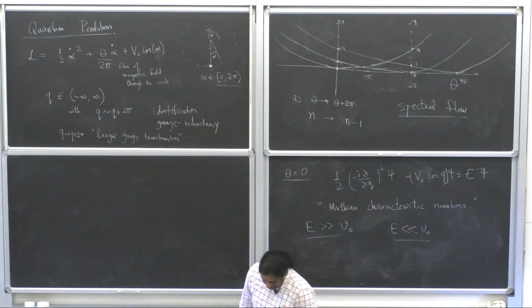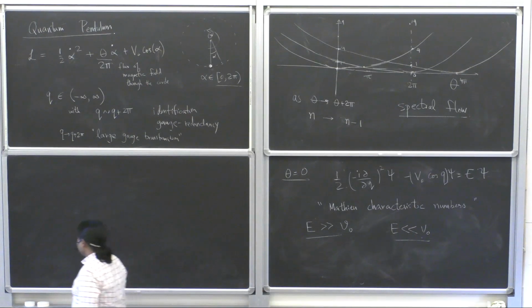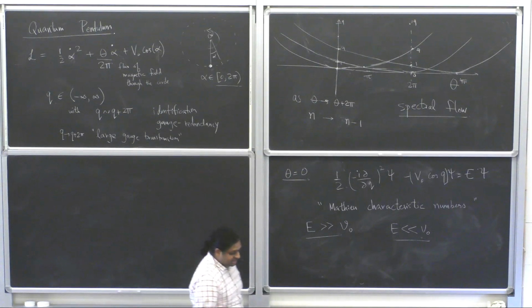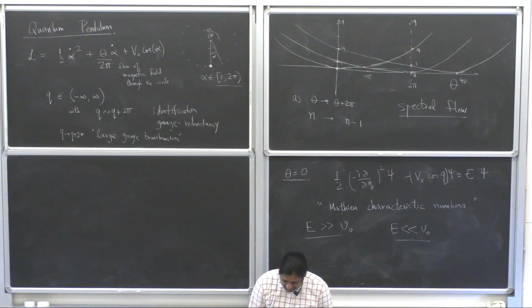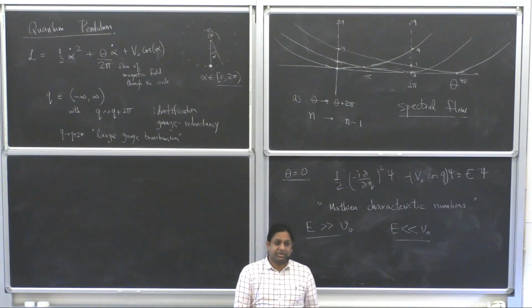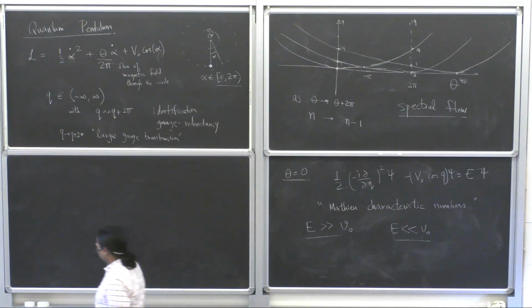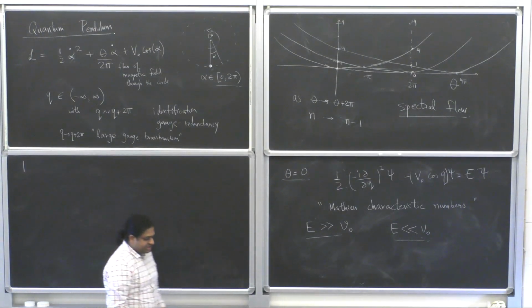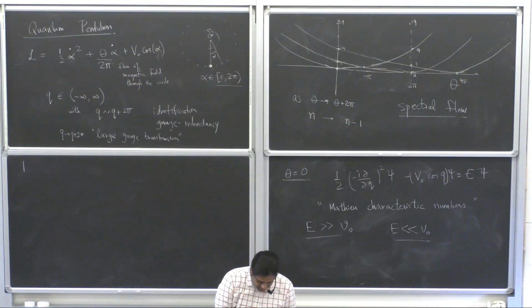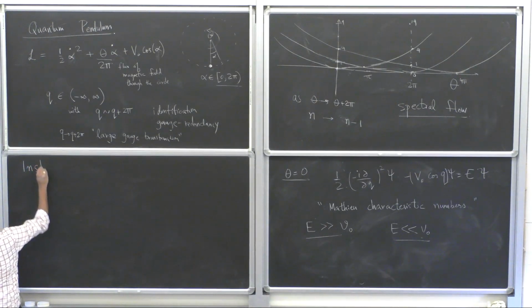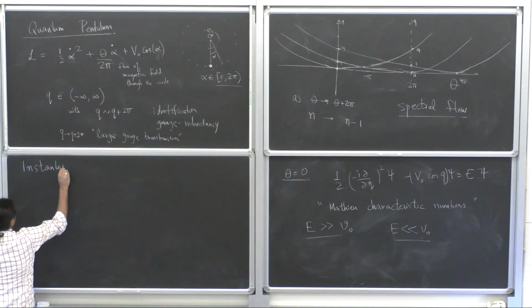One simple way to deal with the problem there is to use instanton semi-classical methods, and we will meet instantons and their interaction with the theta angle. So to solve the problem in the presence of both theta as well as the potential, we'll go to semi-classical methods and talk about instantons and the path integral.